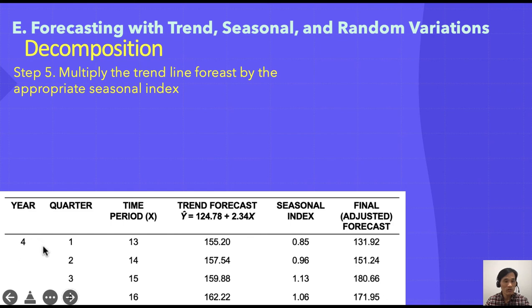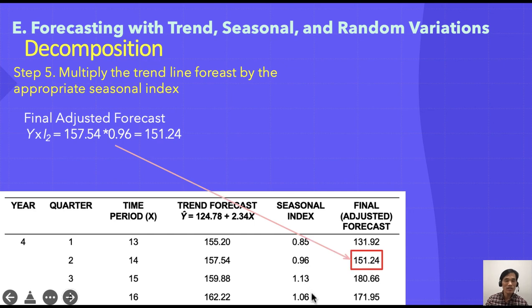And for year four, periods 1, 2, 3, 4, we are able to estimate the forecast by entering 13 and 14, then 157, 16, 159, 17, 162.22. Then you have this forecast, and you multiply it by the seasonal index that we calculated in the previous slides.